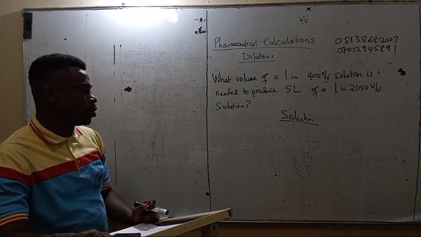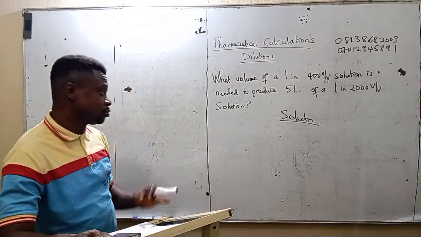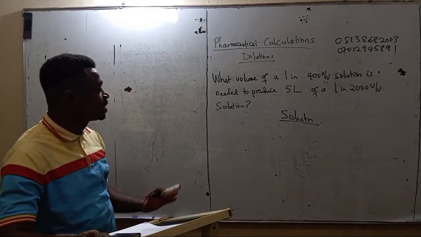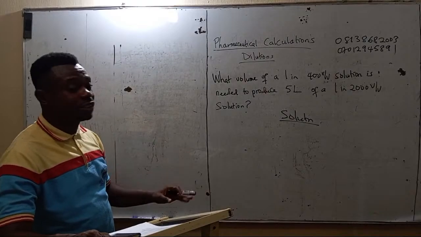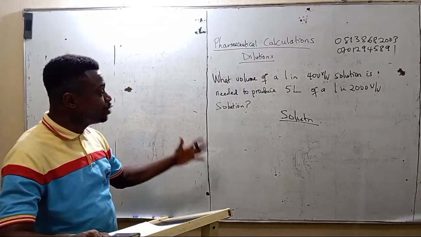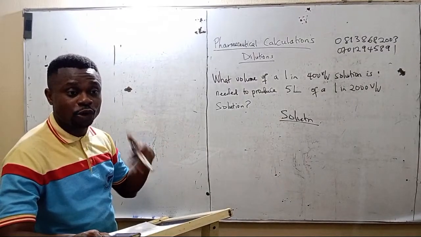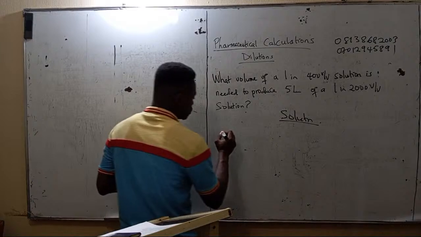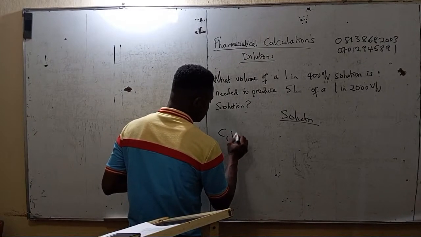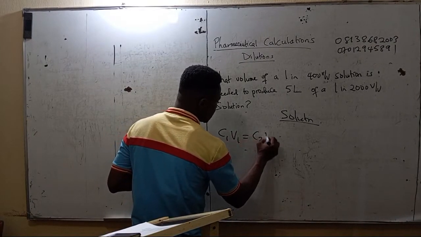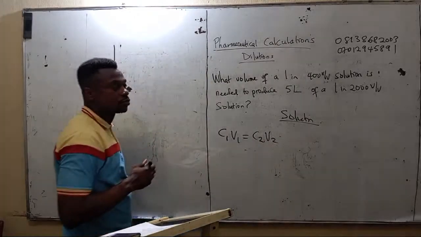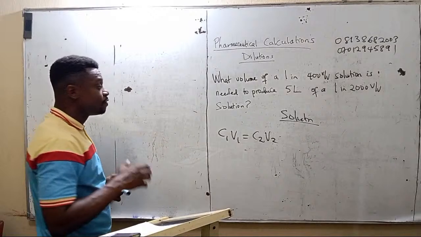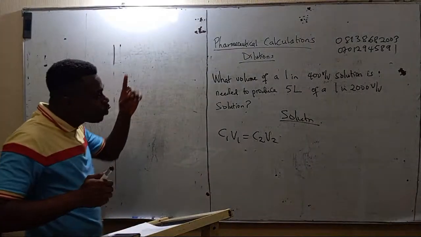Now, to solve this question, to make it very easy, we still go back to the dilution formula. C1 V1 is equal to C2 V2.